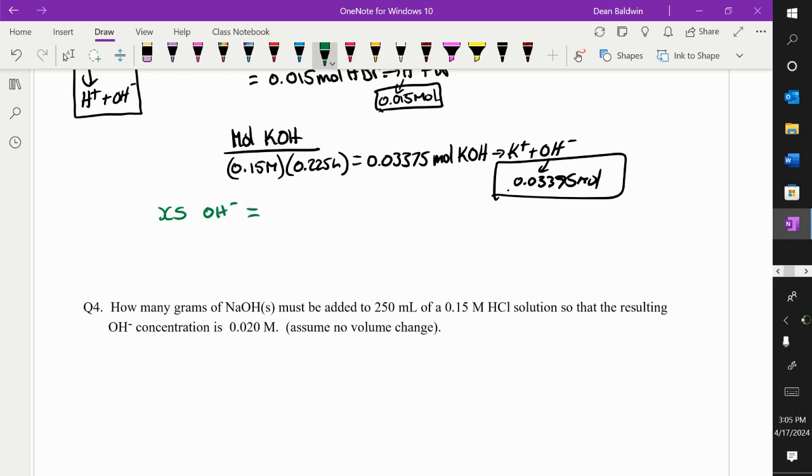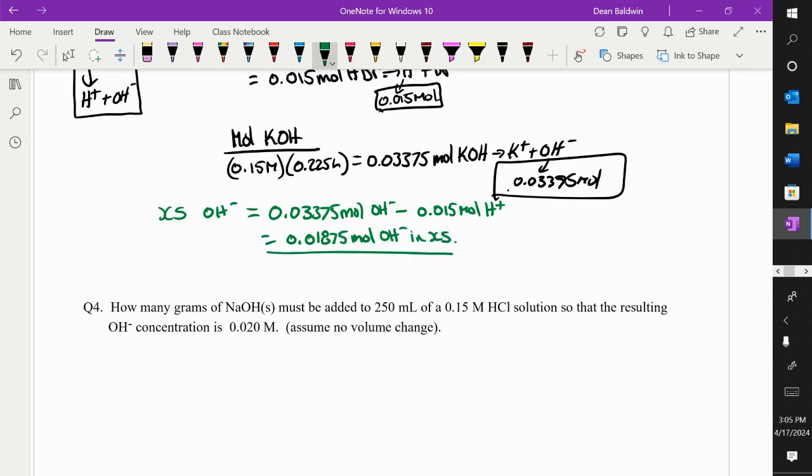Excess OH minus equals 0.03375 moles of OH minus, subtracting the moles of H plus, which gives us 0.01875 moles of OH minus in excess.